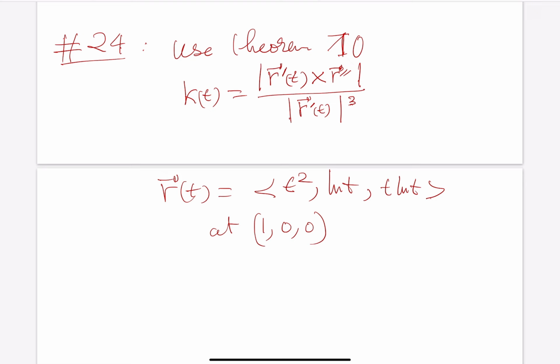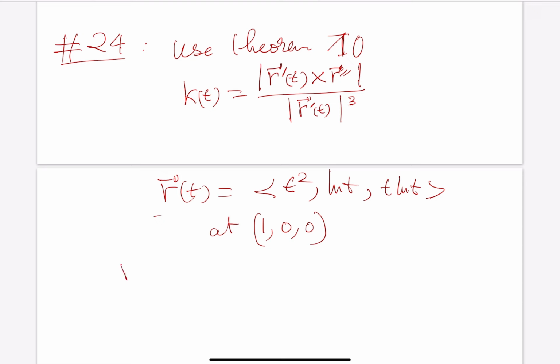Okay, here you have the vector function. Now take the first derivative and the second derivative.